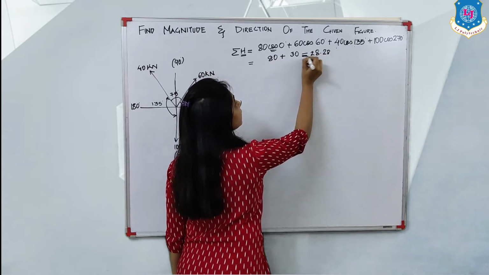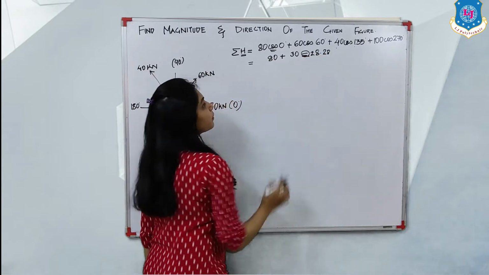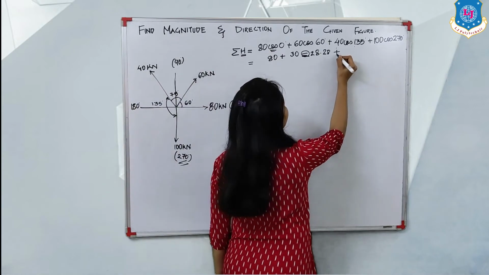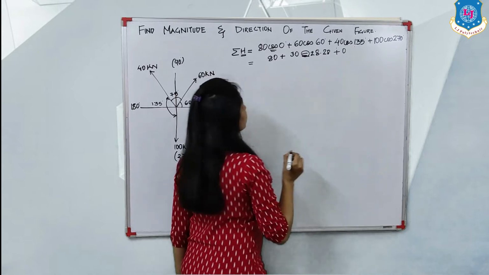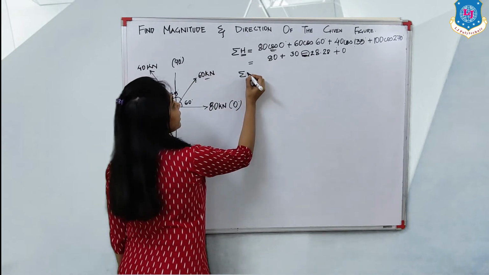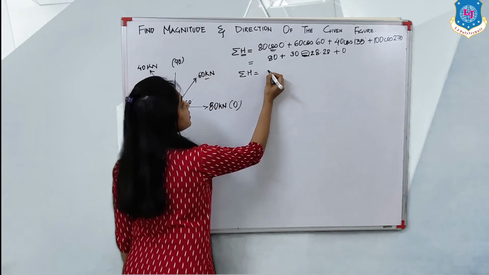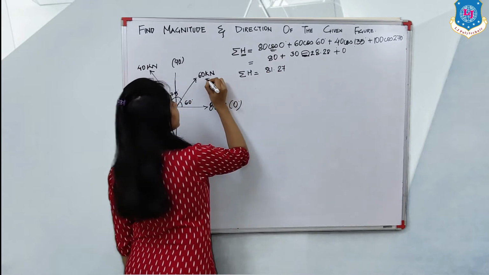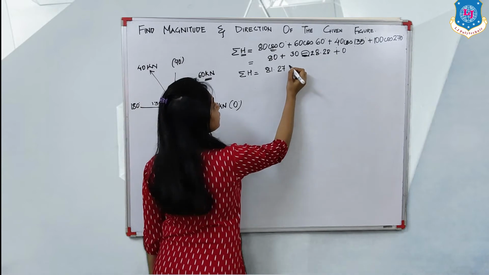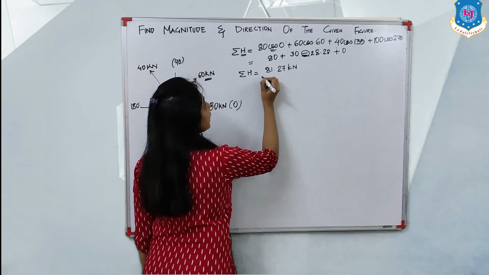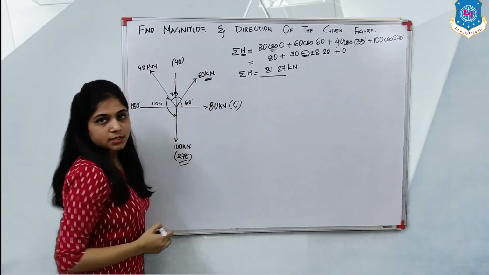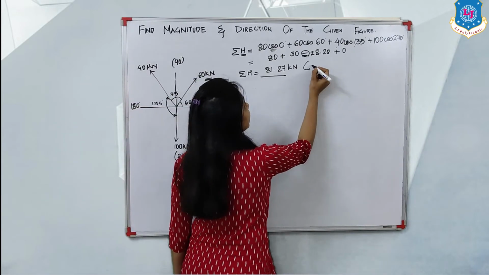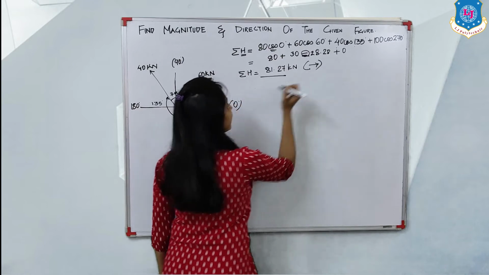I have not given this negative sign, by default it is coming negative, plus 0. So sigma h is 81.27, the unit is kilonewton. As our answer is positive and dealing with horizontal, the sign indication will be from left to right.